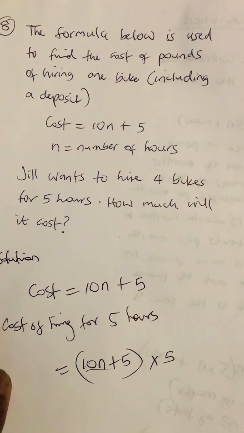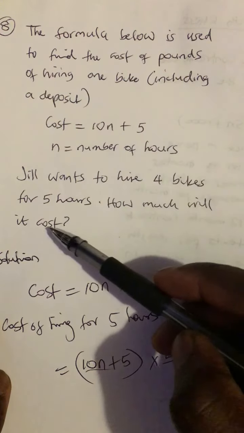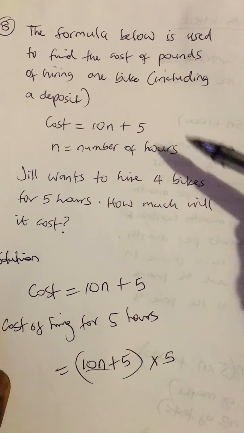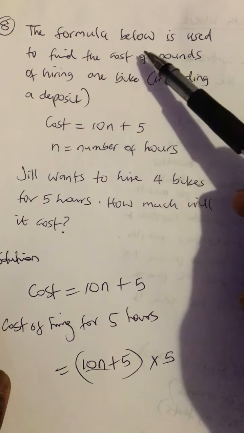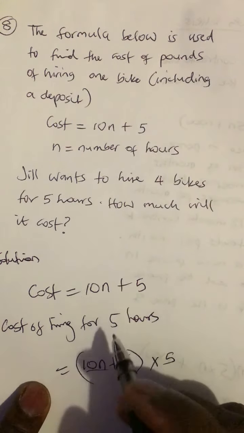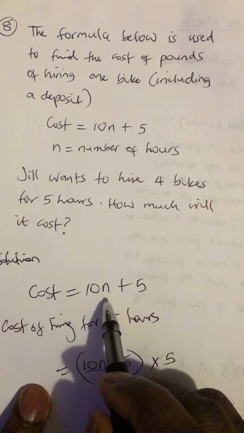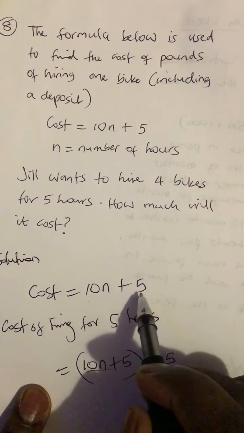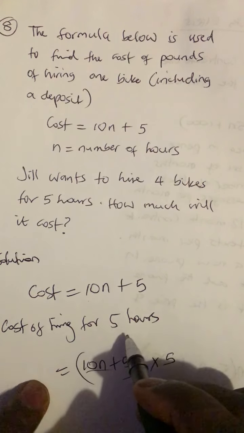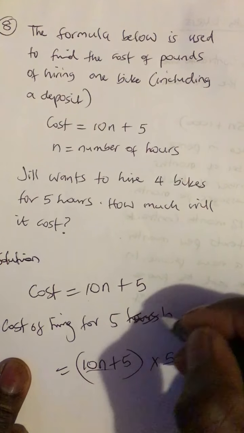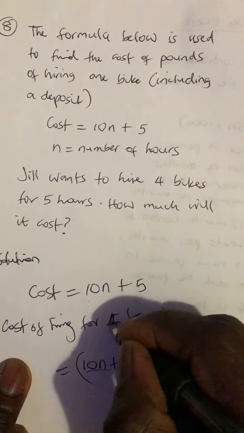No, this is the cost for hiring for a number of hours, while this is the cost for hiring a number of bikes. This is hiring 4 bikes, sorry, not 5.